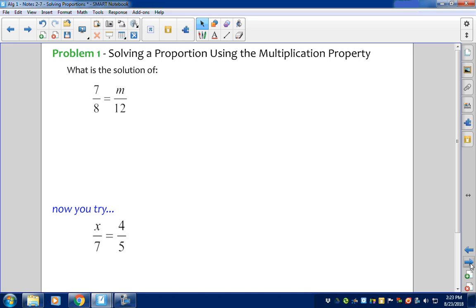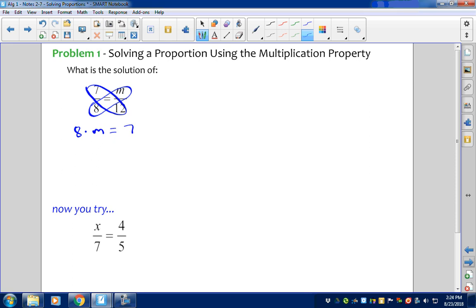All right, let's solve one of these here. So it would look like this. When you cross multiply, if I draw my little diagram here, it's 8 times m equals 7 times 12. And most students will do the multiplication of the 7 and 12 in their head. So they'll go straight to this step. 84 equals 8m.